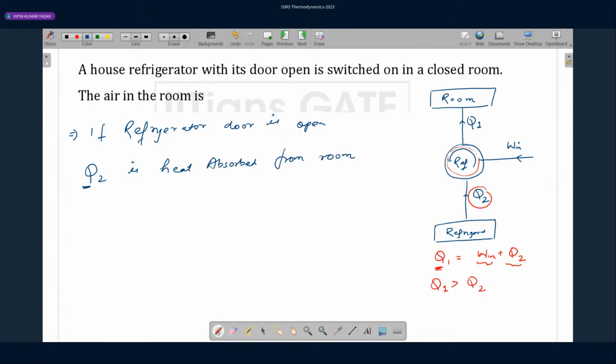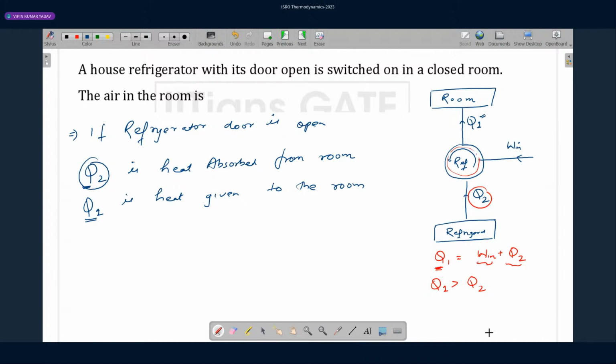So Q2 amount of heat is absorbed from the room. And then Q1 is anyway heat given to the room. Okay. And Q1 is added to the room air. Q2 is taken from the room.